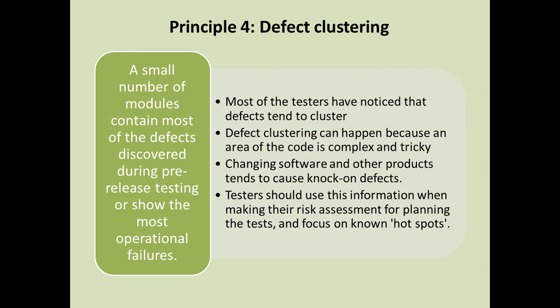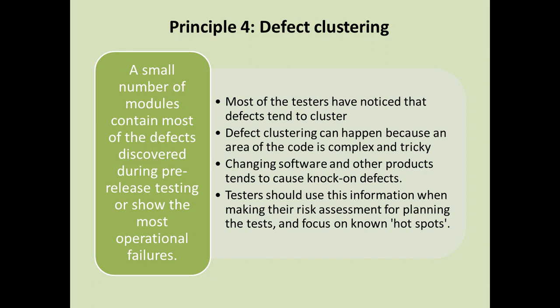Most testers have noticed that defects tend to cluster. Why does it happen? Defect clustering happens because an area of code is complex and tricky. If an area of code is complex, there will be complexity involved in implementing it, and because of that complexity, there will be more defects around that complex area.